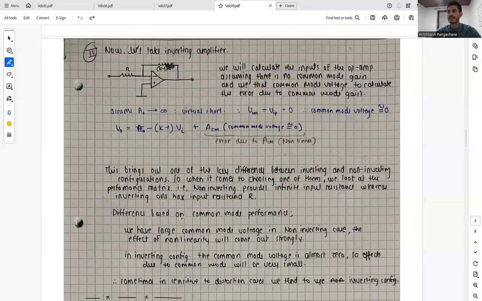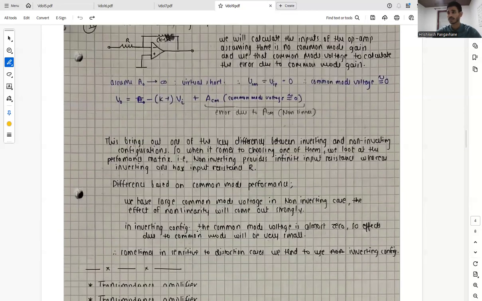So we have large common mode voltage in the non-inverting case, and the effect of non-linearity will come out strongly. But in the inverting configuration, the common mode voltage is almost 0, so effects due to the common mode will be very, very small. And sometimes in cases which are sensitive to distortion, we tend to use the inverting configuration, as the effect due to common mode will be very small.